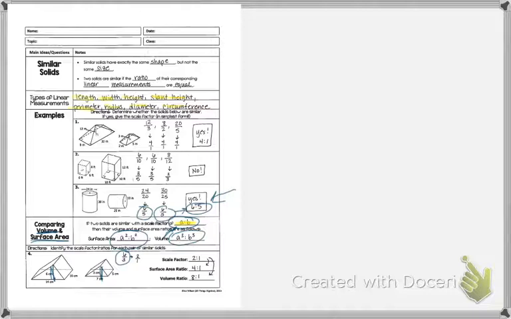I guarantee you that if you do 14/7, you're going to get 2/1. And if you do 10/5, you're going to get 2/1. So all of them give you the same ratio, the same proportion. So, given that, your initial scale factor is 2:1.